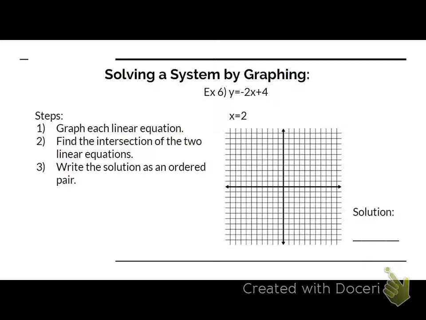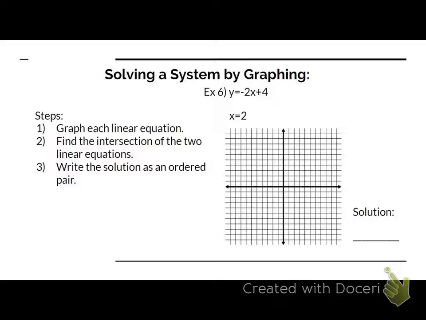Solving a system by graphing. We'll fill in those steps. They're just written with the example, but those steps go in that box in your notes. Step 1, graph each linear equation. So that generally means you'll have 2 of them. Graph them both. Step 2, find the intersection of the 2 linear equations.